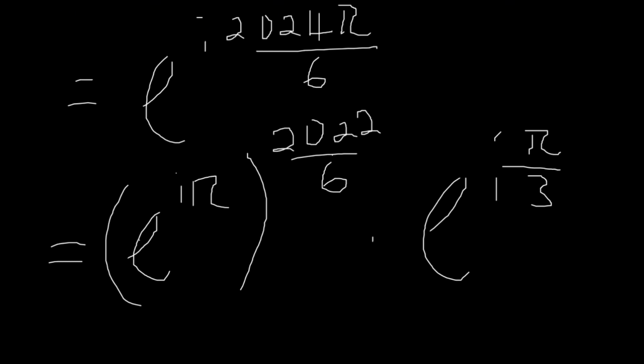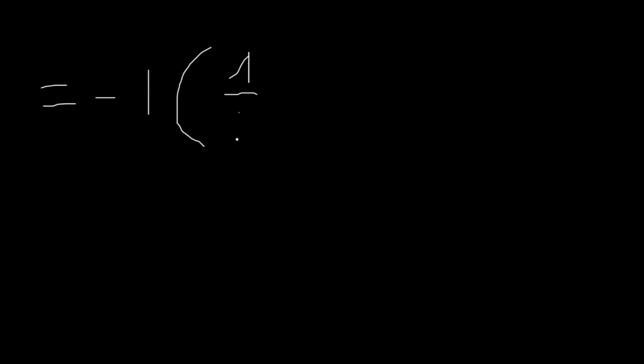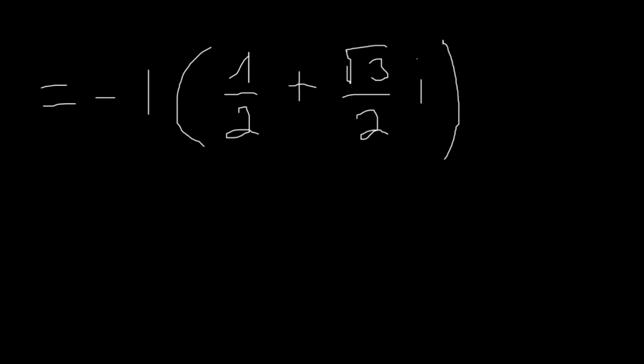Half. We're going to have half here, plus sine 60 is equal to root 3 all over 2i. Here is what we're going to be having. And from here, that is equal to negative half minus root 3 all over 2i.